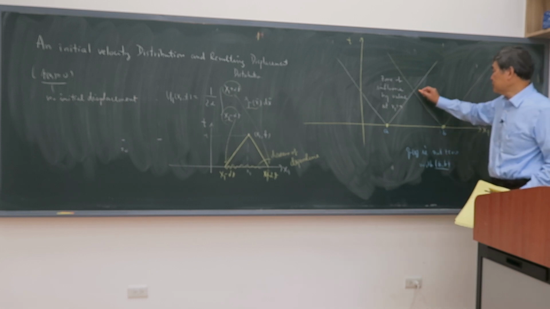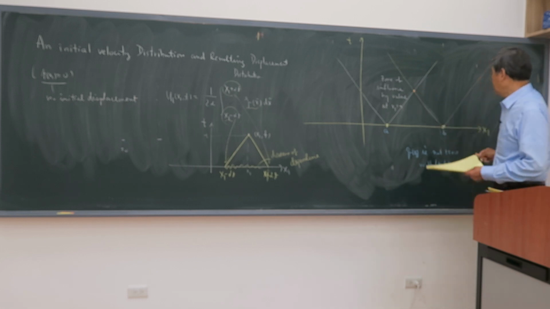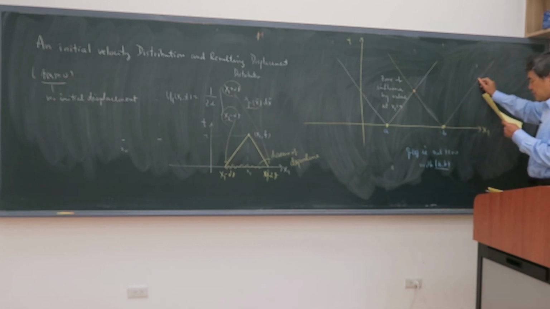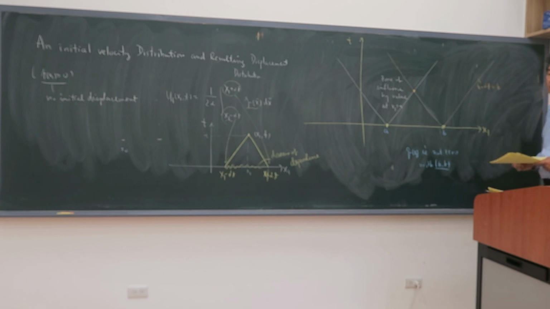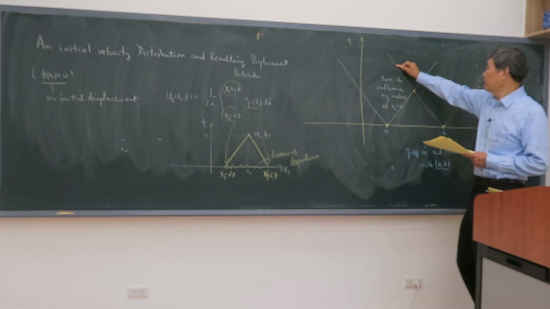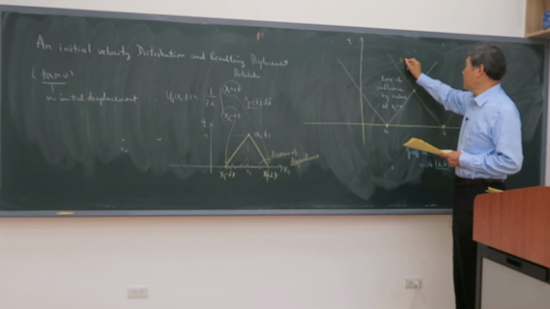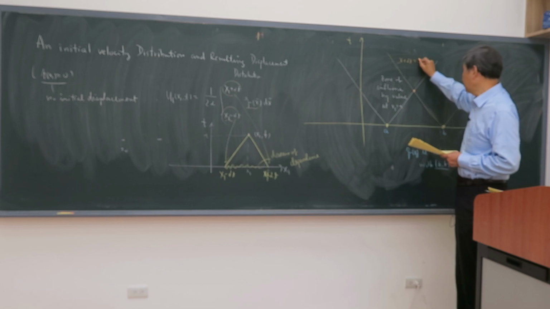So here we have an intersection point. And this line of equation is x minus alpha t equal to b. And this line will be x plus alpha t equal to b.